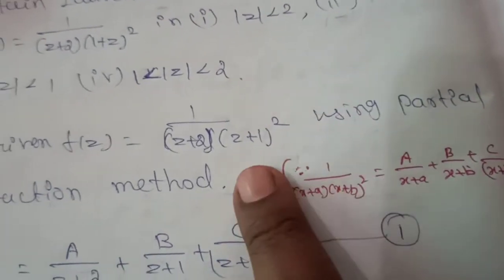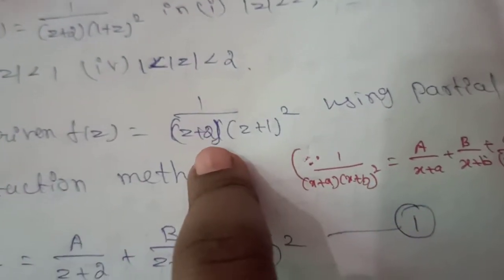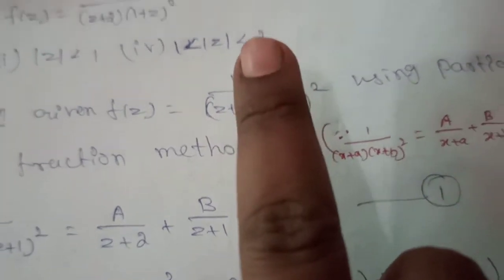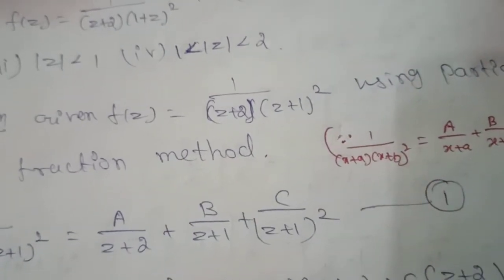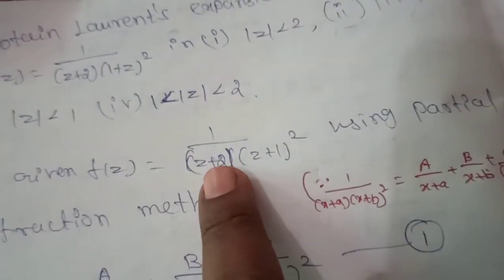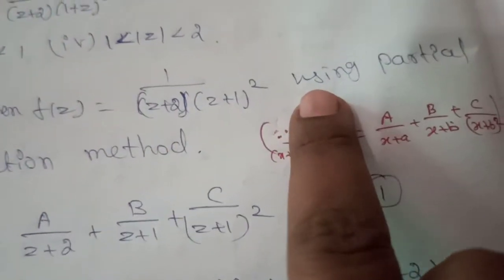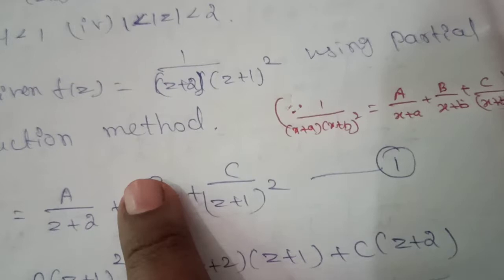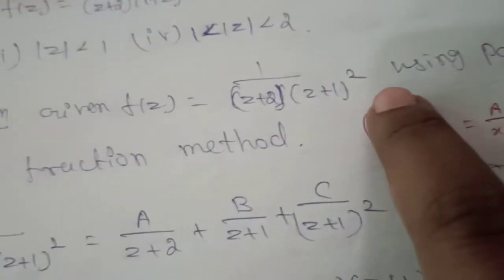In this function we have a constant and a variable. We can directly use partial fractions when the numerator power is less than the denominator power. Another condition is when the function has a constant and a variable; this condition also allows directly using the partial fraction method.